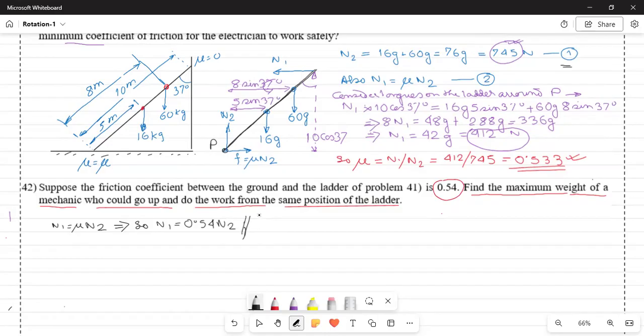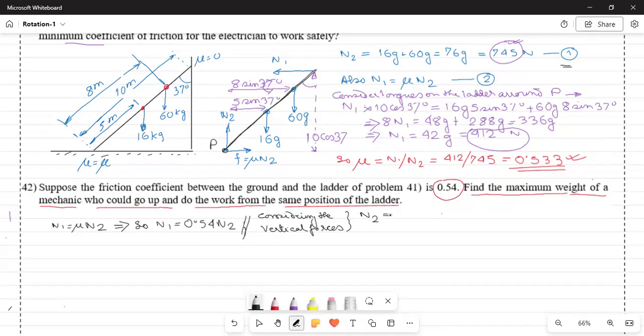Then we consider the vertical forces. Considering the vertical forces, what we get?